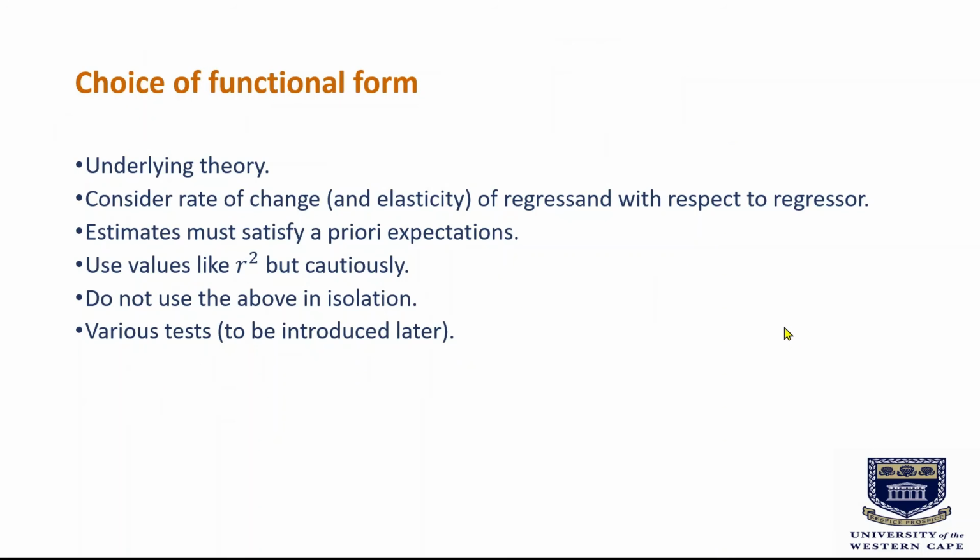Okay, so you're guided by underlying theory when choosing a particular functional form for your model. Consider things like rates of change, whether you are trying to estimate elasticities, for instance. Also check whether the estimates that you arrive at are in line with what you expect, right?